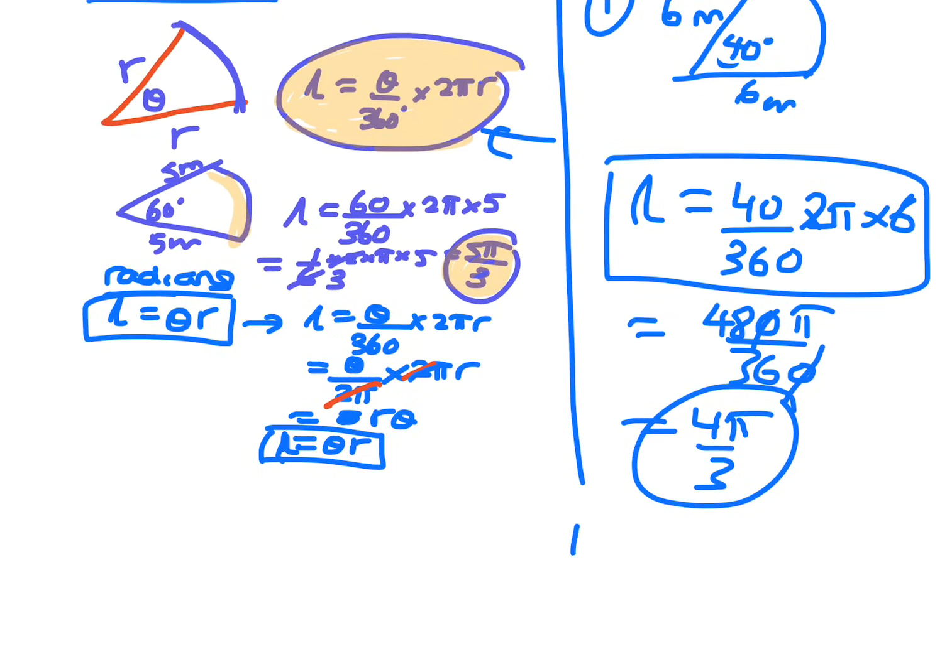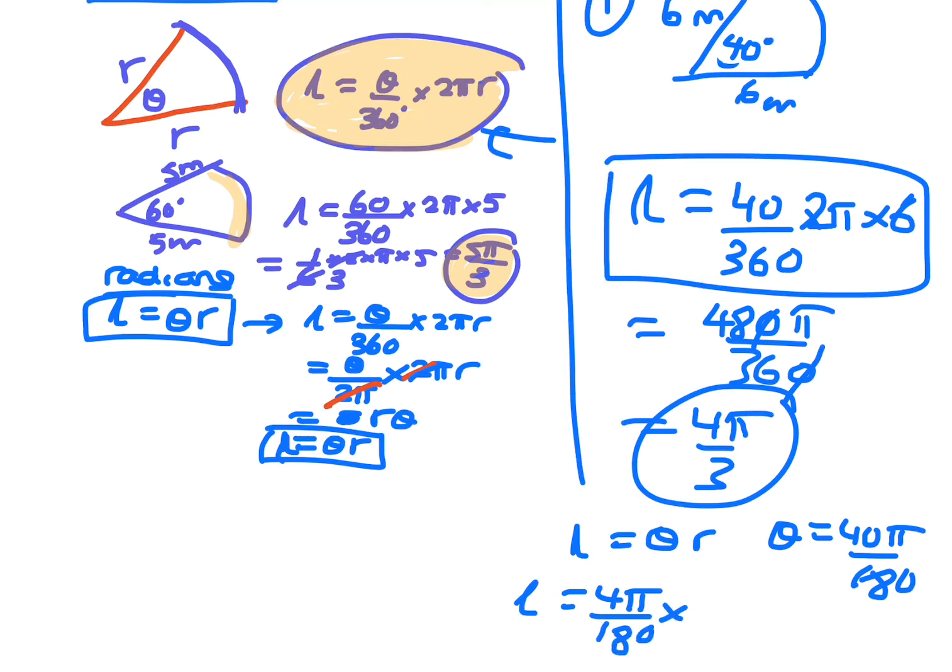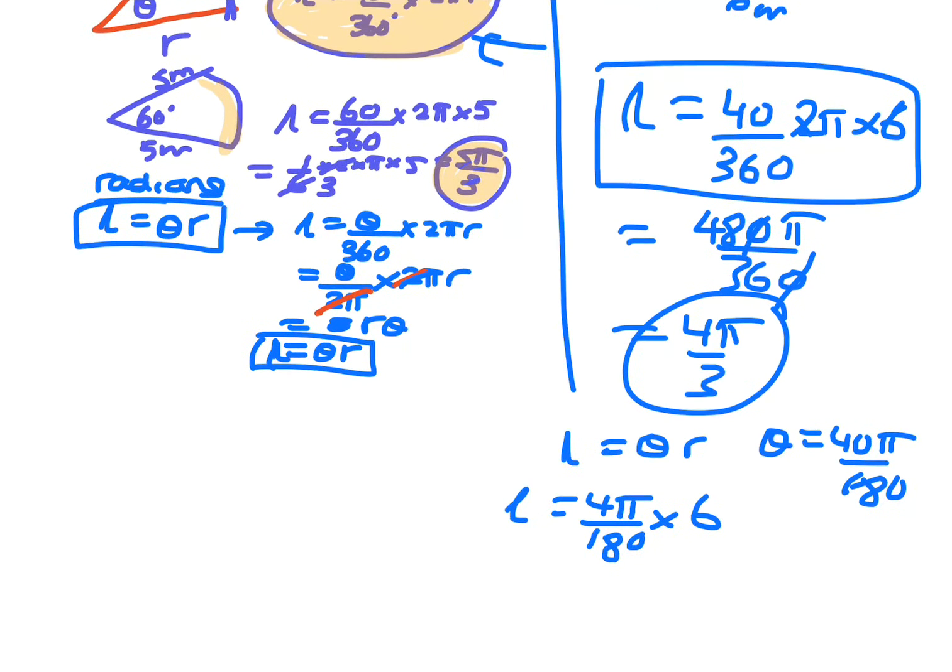If you use the arc length equals theta r, then you need to change the 40 degrees to radians. So that means that's going to be 40 pi on 180 times r, and r is equal to 6. So when you look at this, it gets you then 40 pi on 6.